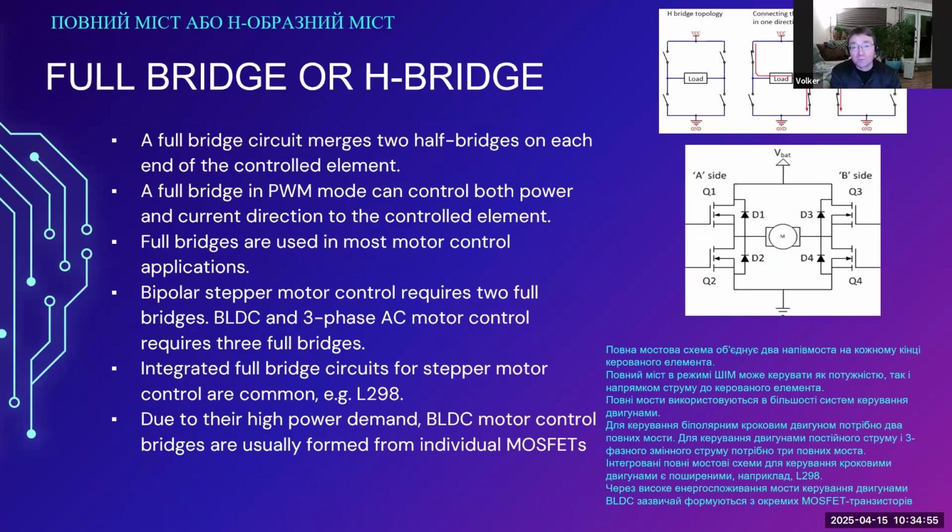For all kinds of real professional motor control solutions, you would be using a full bridge, an H bridge, combined out of two half bridges, or for BLDC motors out of three half bridges.